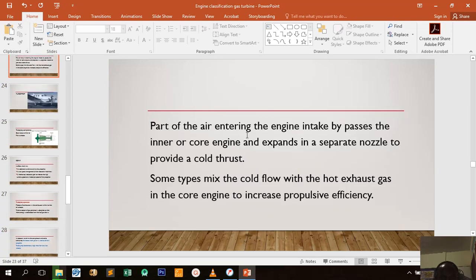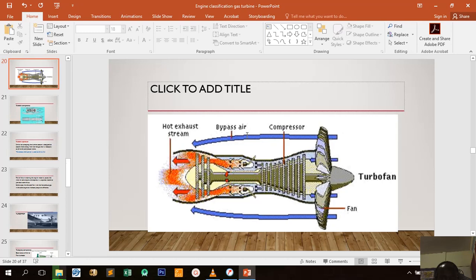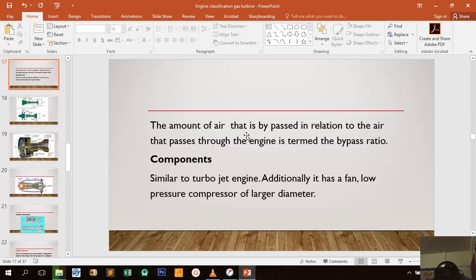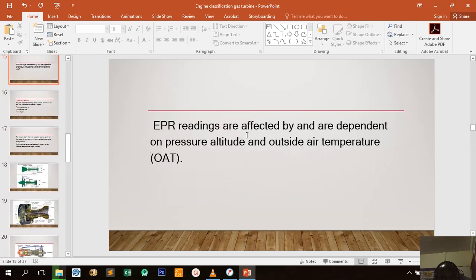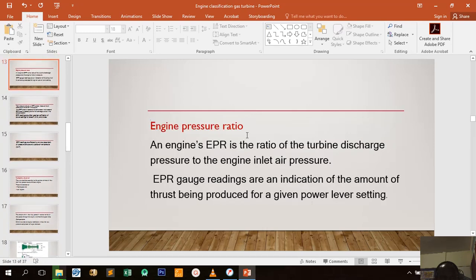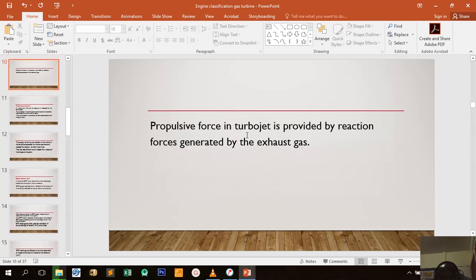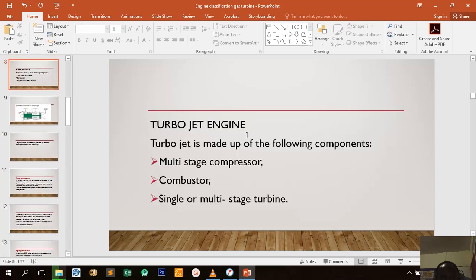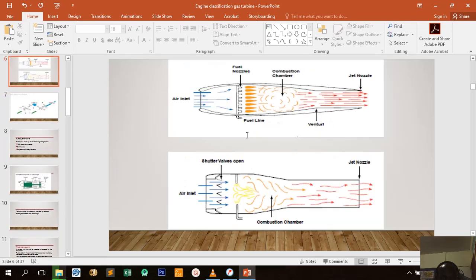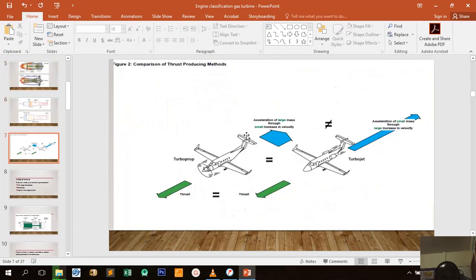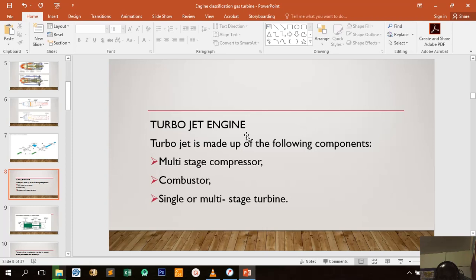Then we have the turbofan, whereby the excess shaft power is used to drive a fan. We have the turbojet, which has no other additions but has a multi-stage compressor and a combustor.